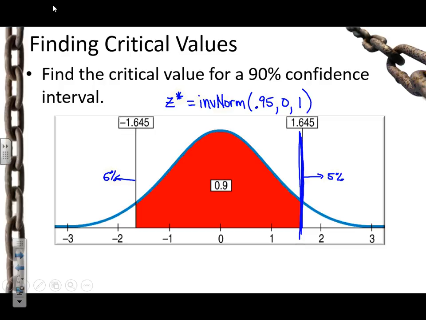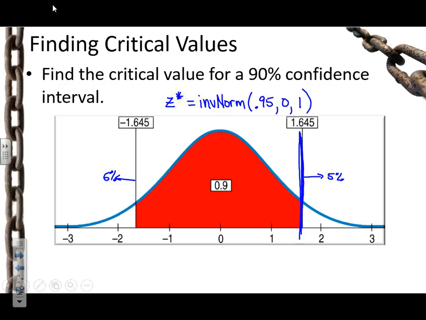If you're doing 95%, you're trying to find 90, so you're calculating everything but going. Because your calculator can't distinguish a middle percentage. We are actually calculating the middle 90%. Our middle 90% happens from negative 1.645 to positive 1.645. Okay? But our calculator can only work left of a certain cutoff.